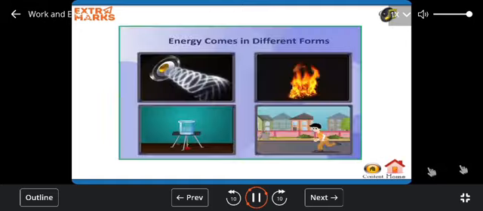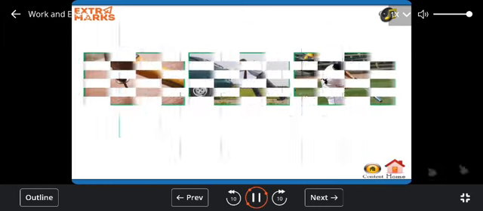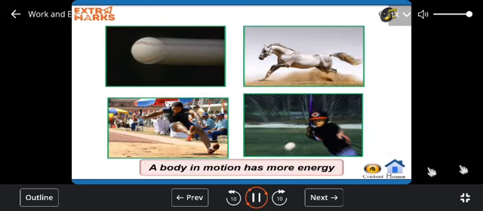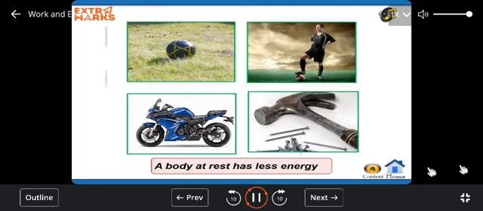The word energy is widely used in our daily life, which has precise meaning in science. Energy is defined as the capacity of a body to do work. A body in motion has more energy than a body at rest.